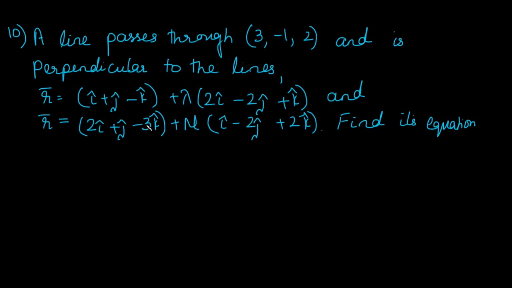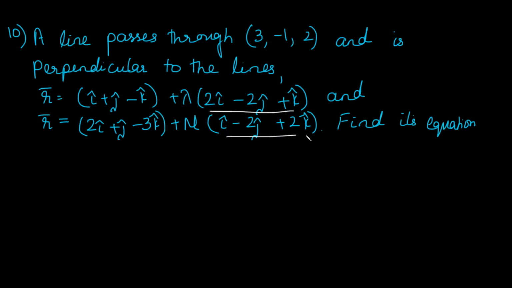Now remember, the equation of a line is r = a + lambda b, where b is a vector which is parallel to the line. So with respect to the given lines, the vectors which are parallel to both these lines are these vectors.